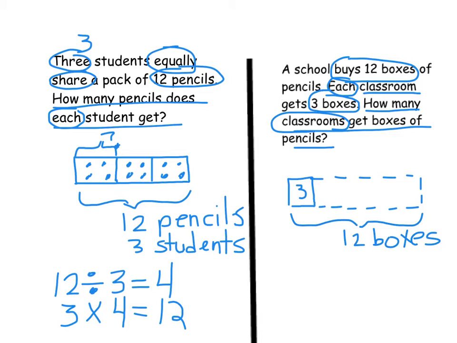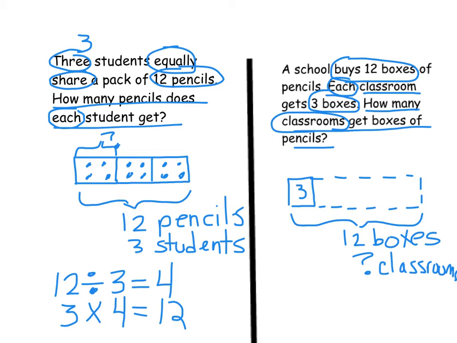But how many classrooms? That's my question mark. I don't know how many groups I have. So how many classrooms? So I'm going to skip count by 3 up to 12 to see how many classrooms are going to get boxes.